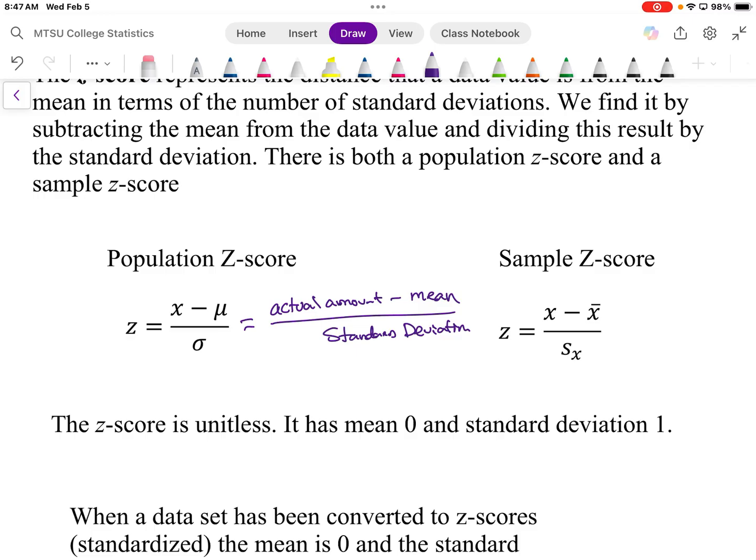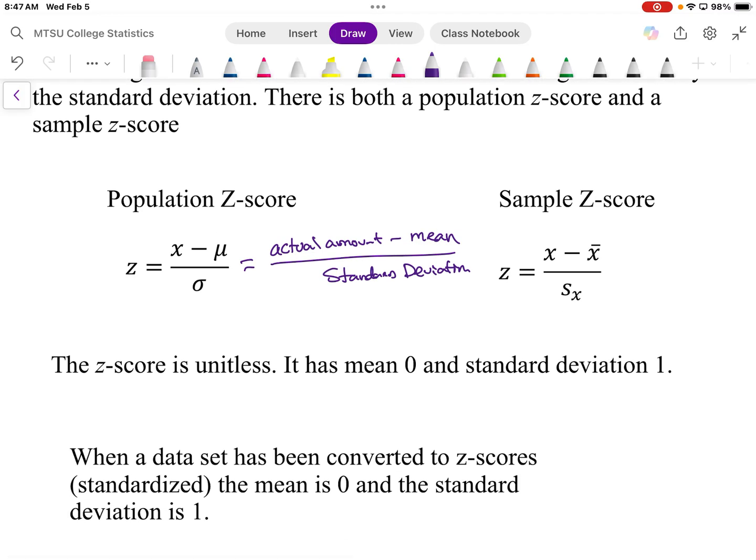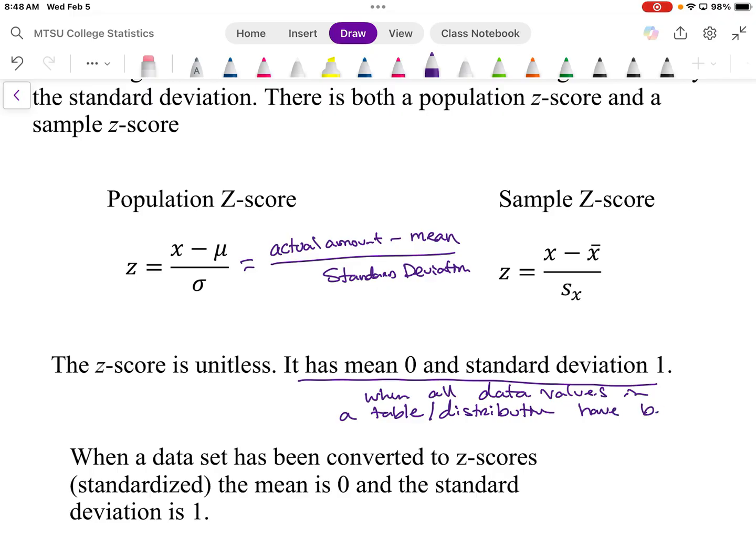When we look at our z-scores, this little statement here is mainly about when all data values in a table or distribution have been converted to z-scores.